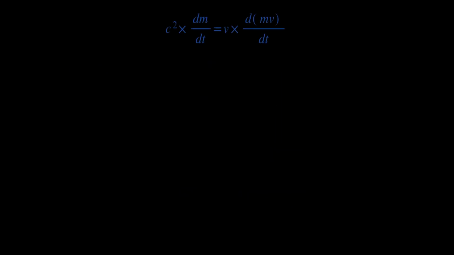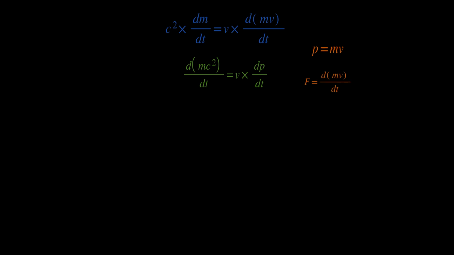Let's put that on the shelf, and we notice that the momentum is equal to m times v, and since c squared is constant, we get that the derivative of m times c squared with respect to time, which is just the left hand side, is equal to v times the derivative of momentum with respect to time, since the momentum is equal to m times v.